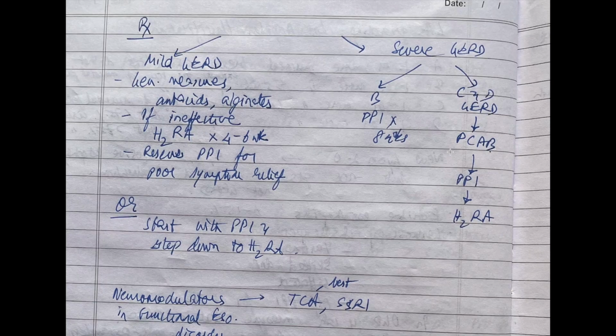But if there's severe GERD, like in grades B, C, or D, in B, we give a PPI for 8 weeks. In C and D, we have to give them PCABs and then wean off to a PPI and then to an H2RA. Neuromodulators like TCA and SSRI can be given in functional esophageal disorders.